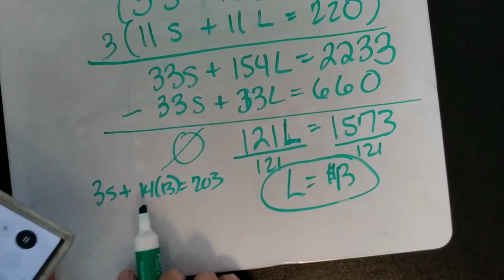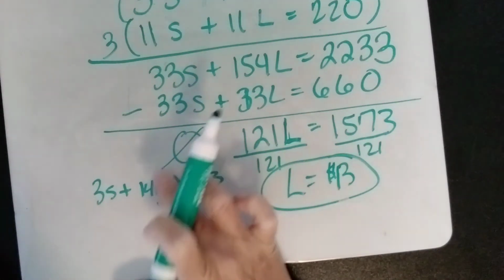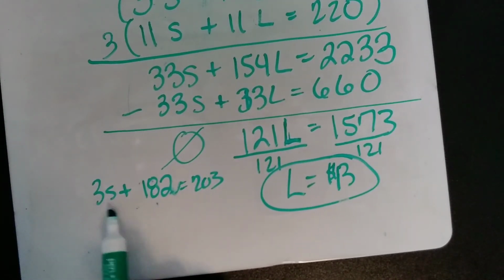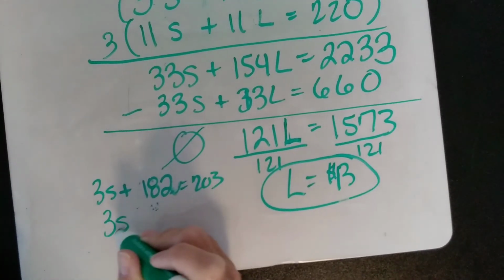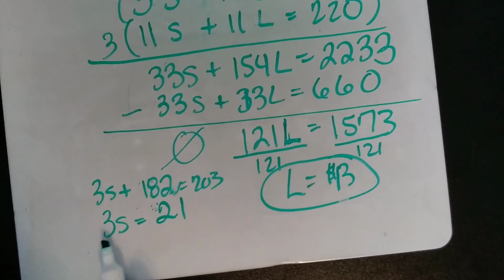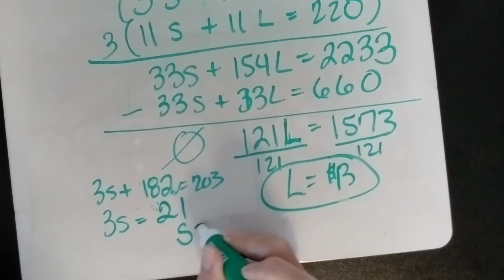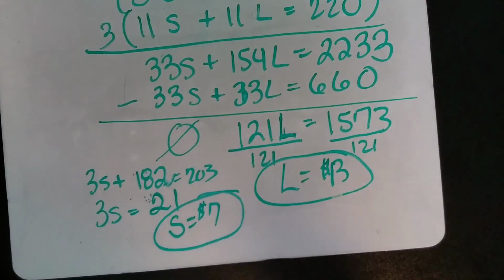And then I'm going to figure out what 14 times 13 is, which is 182. And then since I'm still solving for S, I want to subtract this 182 from both sides. So when I do that, I'm going to get 3S equals 203 minus 182, which is 21. So the cost of 3 small boxes is $21. If I divide each side by 3, I'm going to find out that a small box costs $7. Small boxes are $7, large boxes are $13.